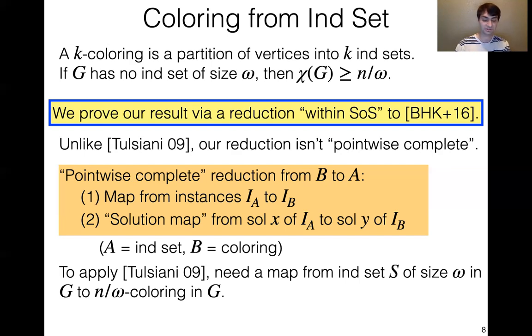But this clearly doesn't make any sense, because just because G has some independent set of size omega doesn't mean it has an n over omega coloring. To have an n over omega coloring, it needs to have a lot of such independent sets. So such a map just can't possibly exist. So this kind of pointwise complete style reduction fails completely here. And our reduction is in some sense completely new because it circumvents this problem.